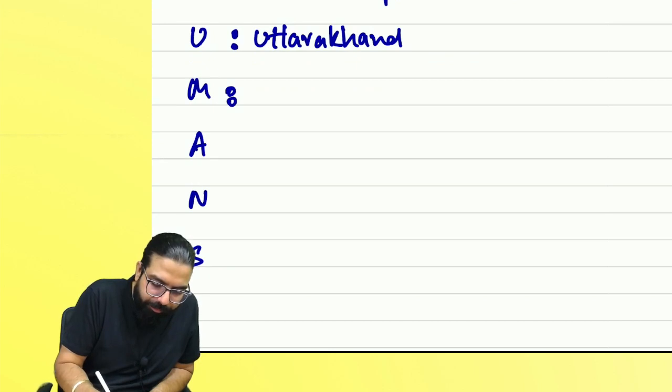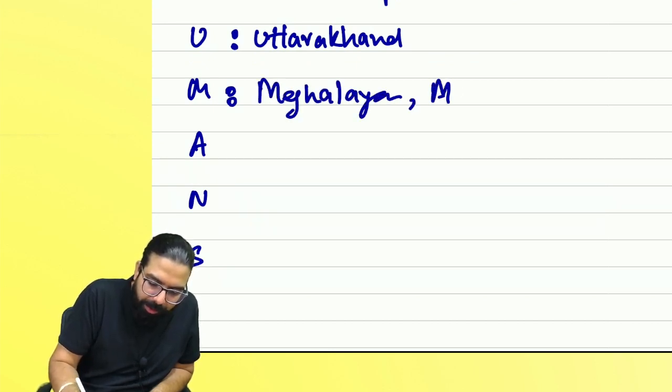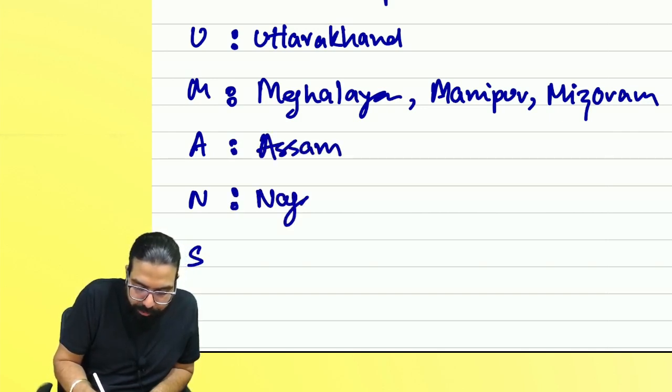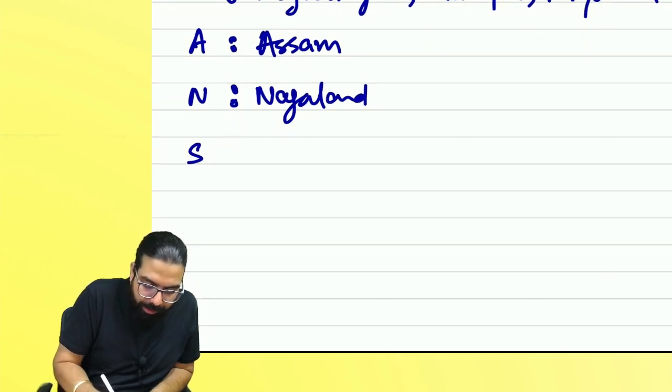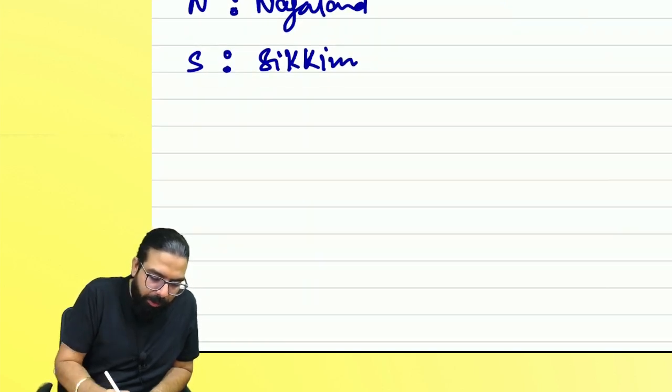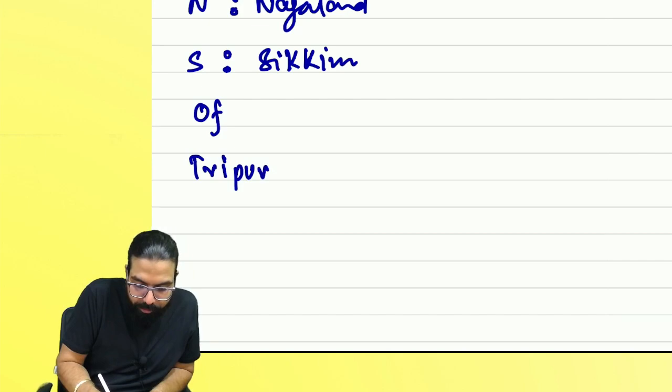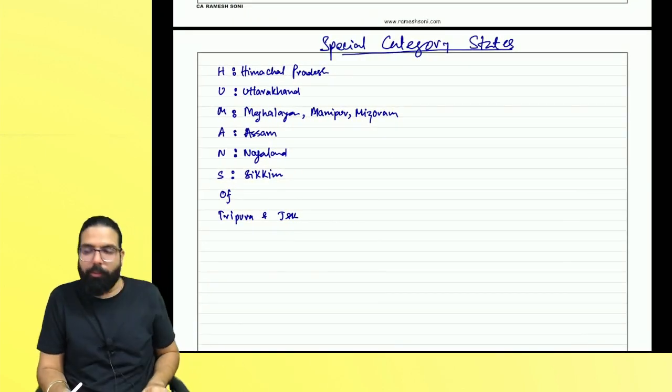M for Meghalaya, Manipur, Mizoram. A for Assam. N for Nagaland. S for Sikkim. Humans of Tripura and Jammu and Kashmir. We call them humans of Tripura and Jammu and Kashmir.